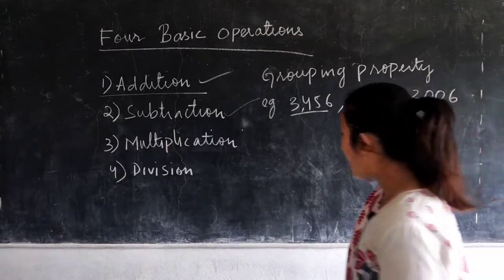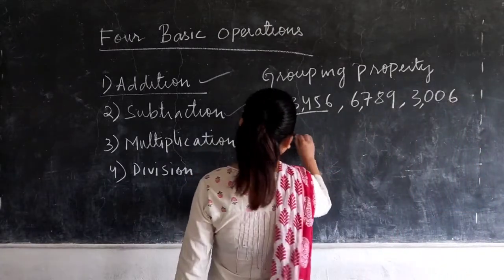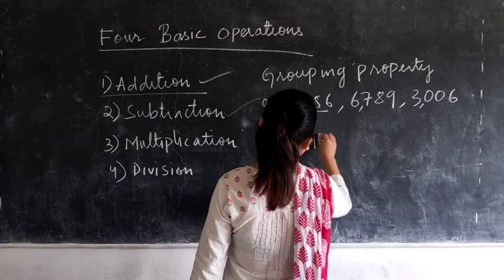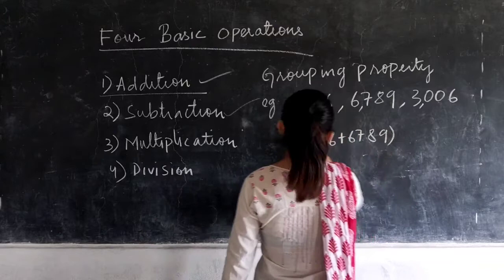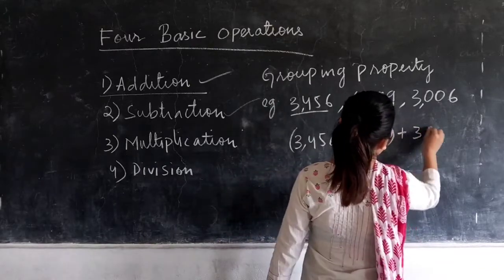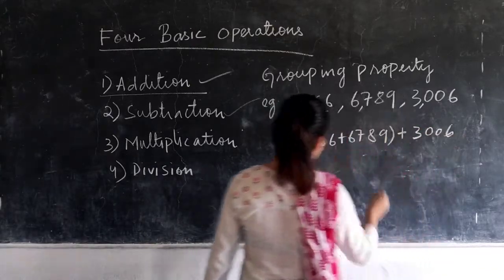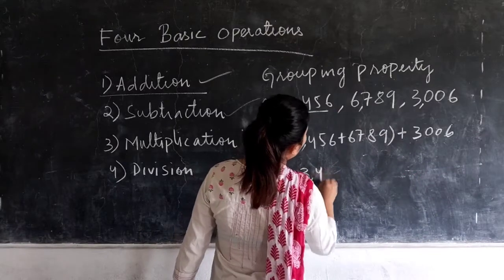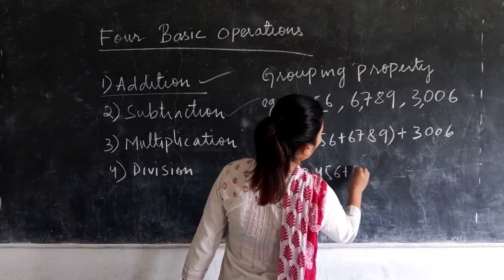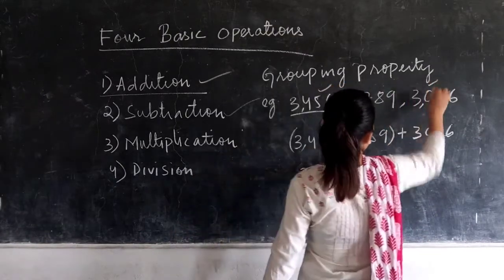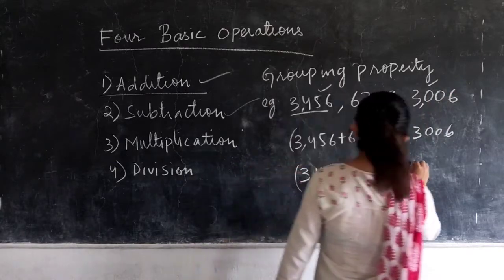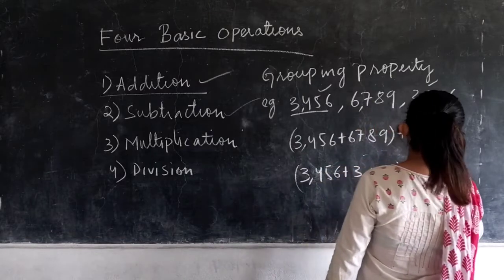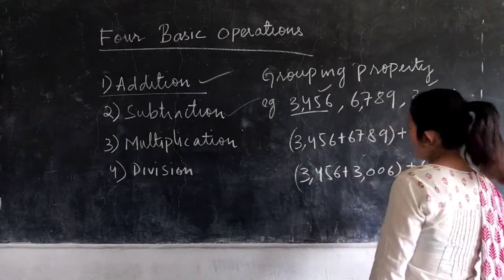So okay, now for addition you can either keep these 2 within a bracket and then this alone, or you can group these 2 together and let another one alone.